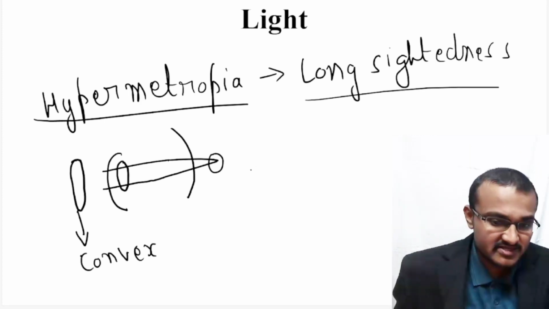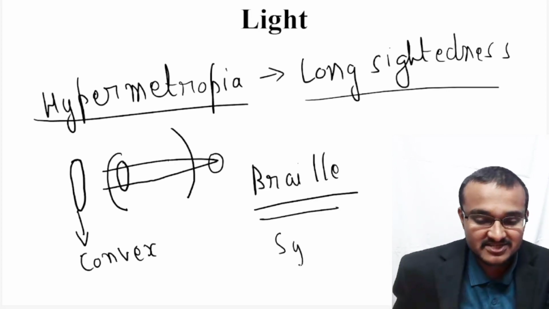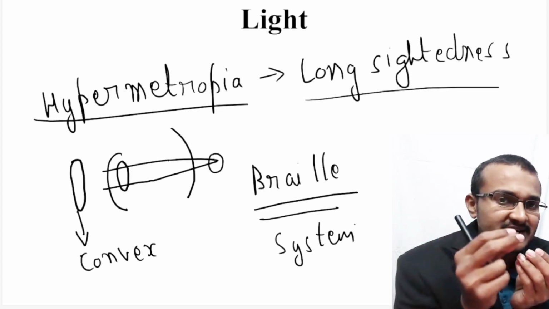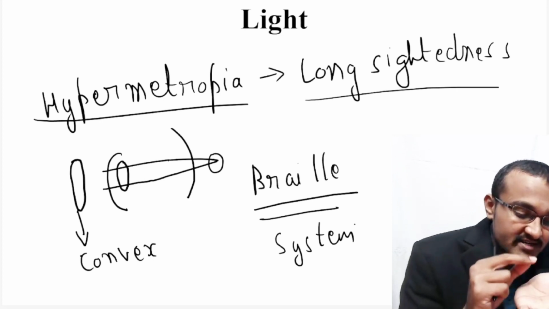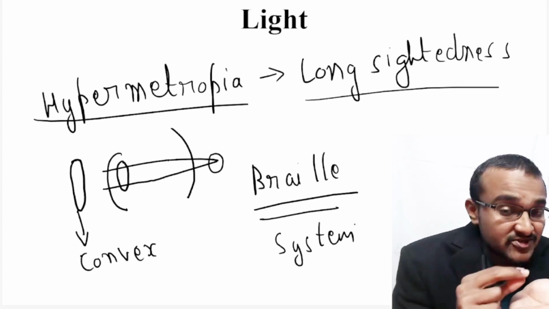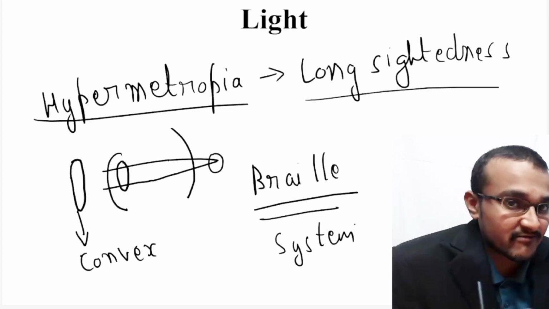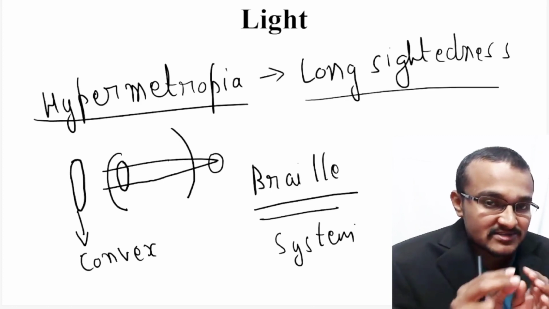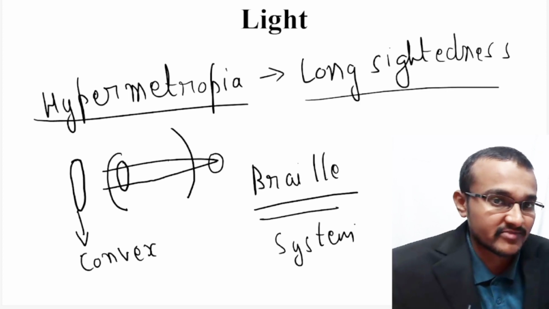There was a person named Braille who invented the Braille system. In this system, roughness is created on a surface, and a certain kind of roughness indicates certain alphabets. Based on the arrangement of that roughness on the paper, there will be word and sentence formation.